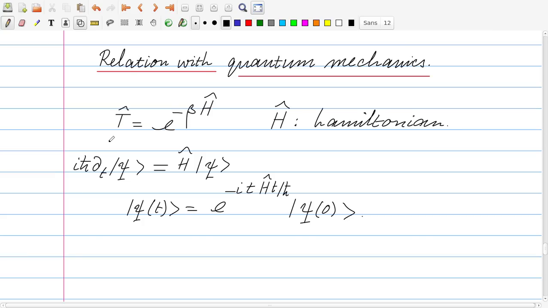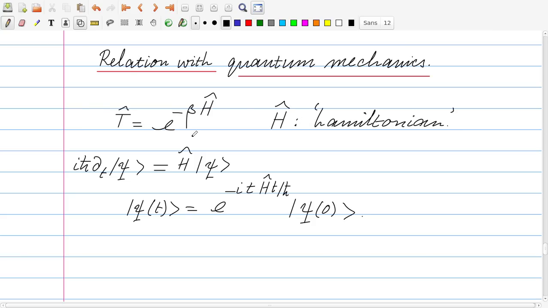And this T can be written in the form of e to the power minus beta H, because all its elements are positive, and if T is a symmetric matrix, then this Hamiltonian is also a symmetric matrix. More generally, it's a Hermitian matrix. And so we call this H the Hamiltonian. So it's just a formal trick to write the transfer matrix in terms of a Hamiltonian.